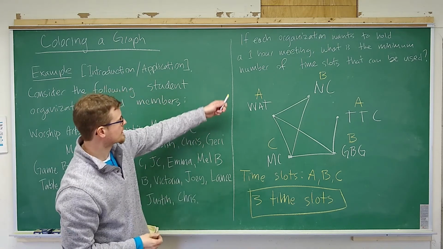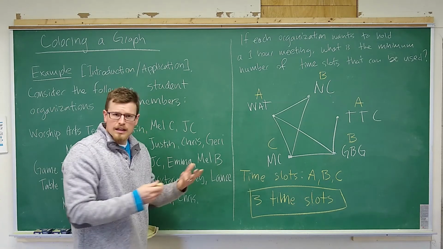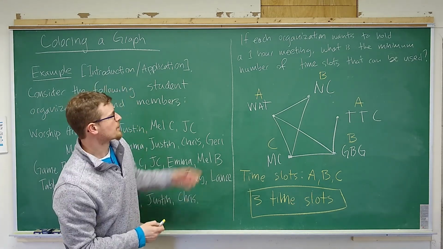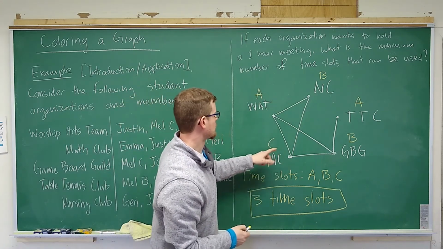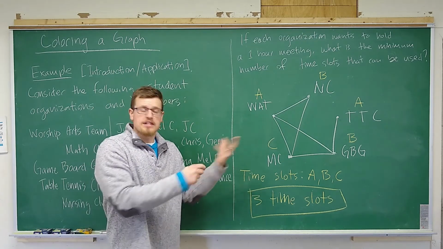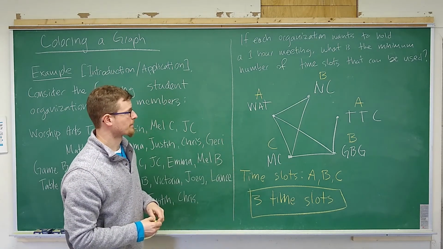Now, this labeling of time slot A, B, and C is typically referred to as colors. So we could have said red, orange, and blue, for example, giving 3 distinct labelings to each of these vertices.